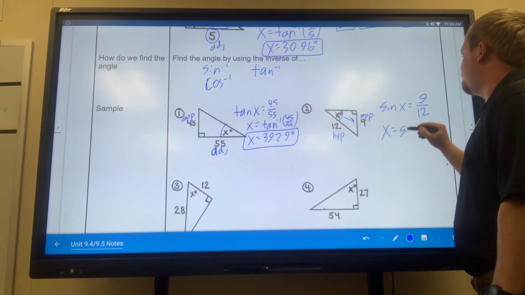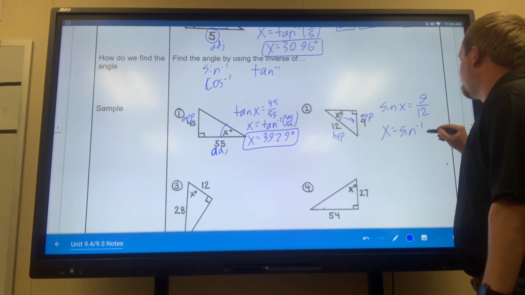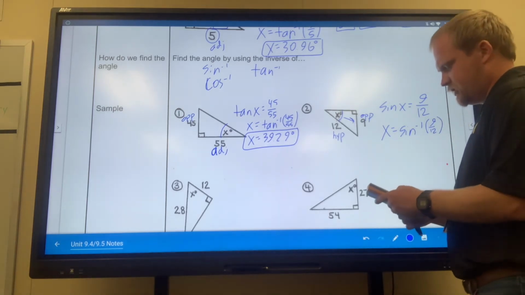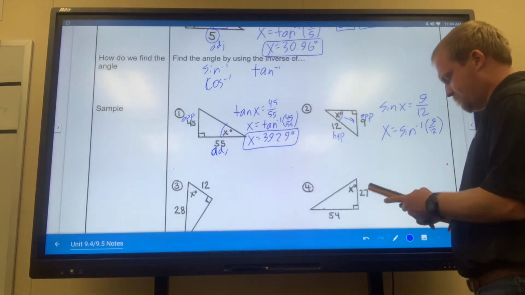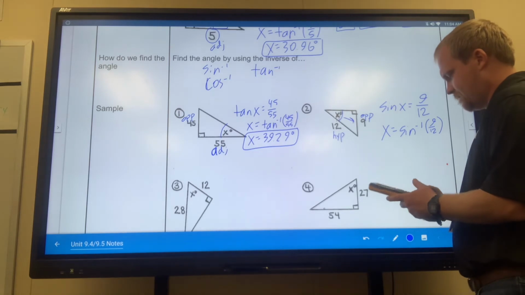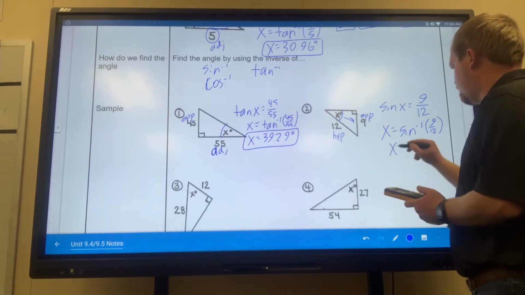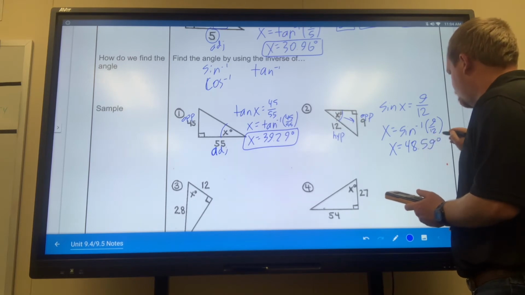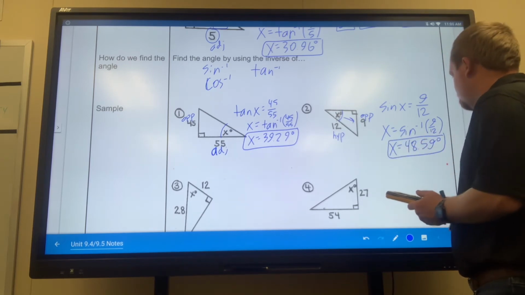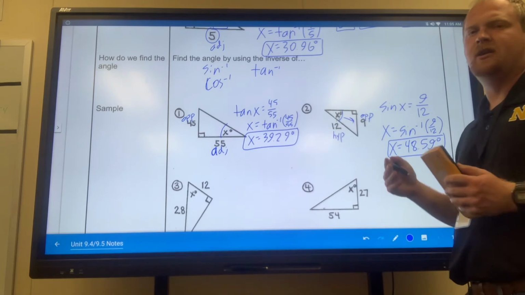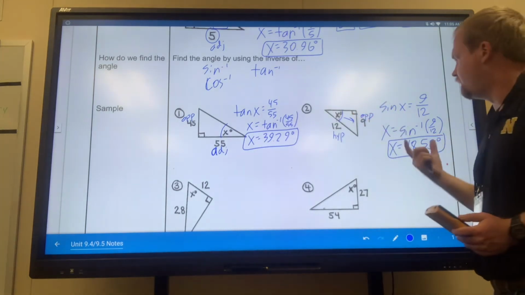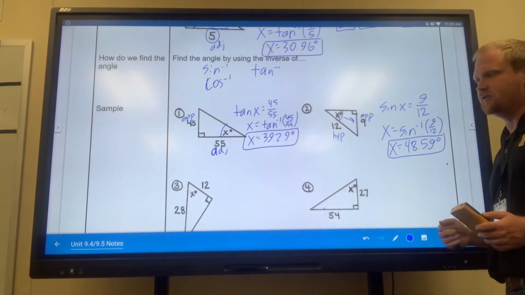So I do sine inverse 9 over 12. Check my calculator, and that will give me 48.59 degrees for angle x.